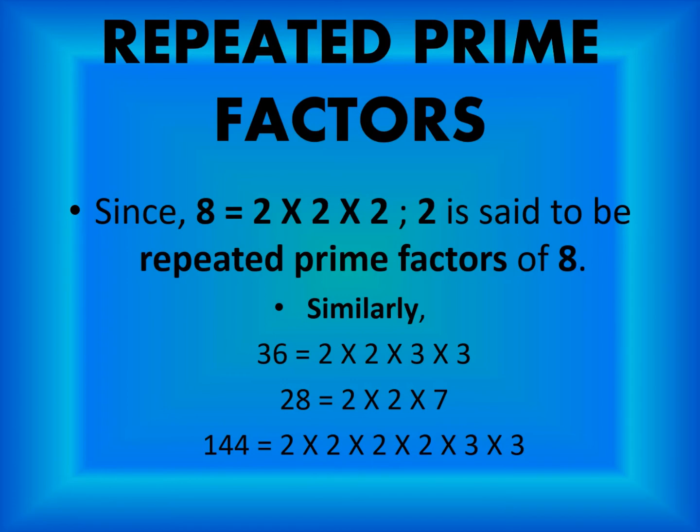Similarly, repeated prime factors of 36 are 2 multiply 2 multiply 3 multiply 3, and the repeated prime factors of 28 are 2 multiply 2 multiply 7.